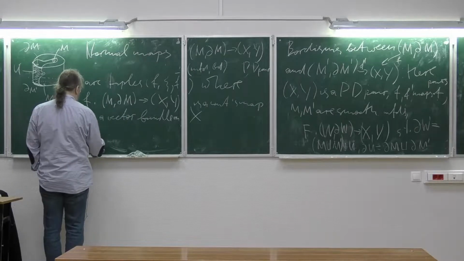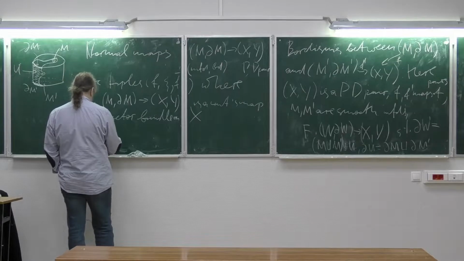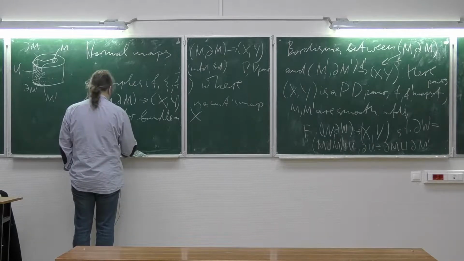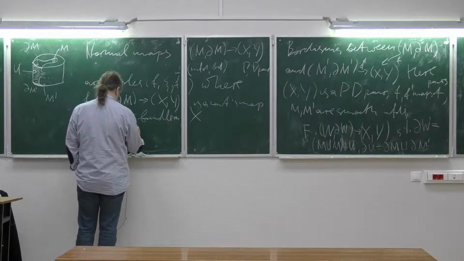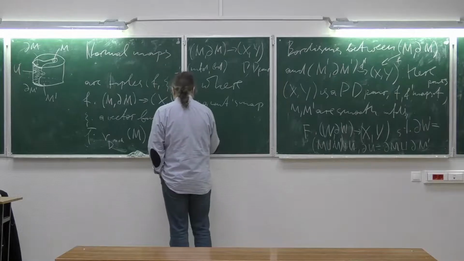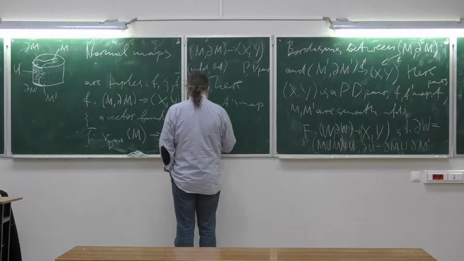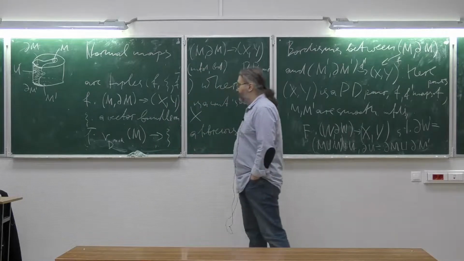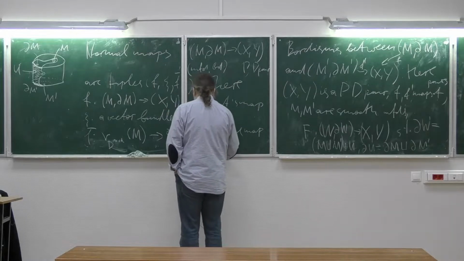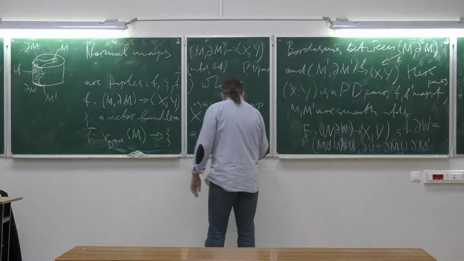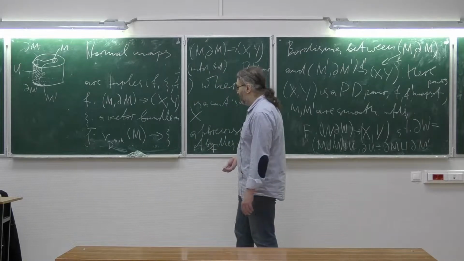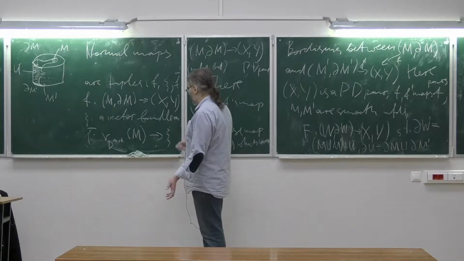Third of all, I want to have a fiber-wise map of bundles which covers f. Now, psi is just some vector bundle on X. What is new?